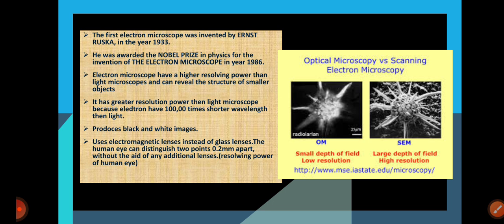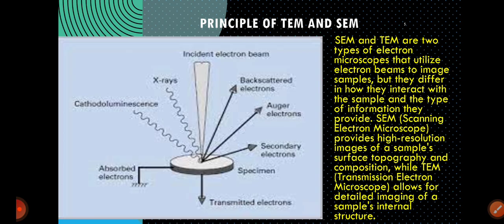After studying the history of the electron microscope, let us explain its principle. The principle of the electron microscope involves accelerating electrons and focusing them onto a sample using electromagnetic lenses.